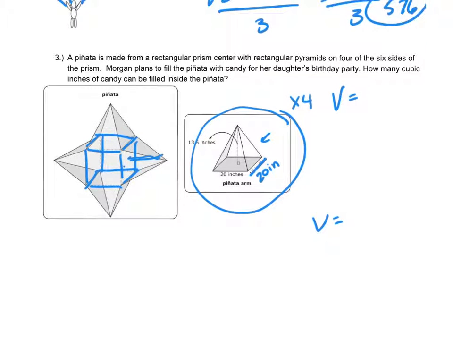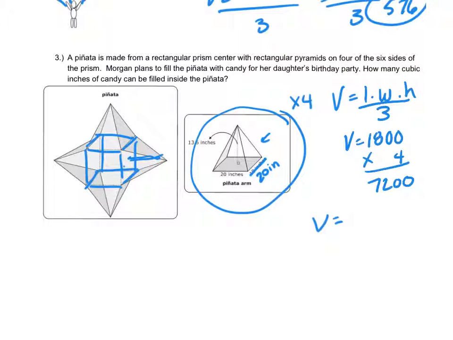On this one, I would have done length times width times height divided by 3 because it's a pyramid. So 20 times 20 times 13.5, and then divided by 3. I should have got 1,800. So the volume for 1 is 1,800, and the volume for 4 would be times 4, which is 7,200.